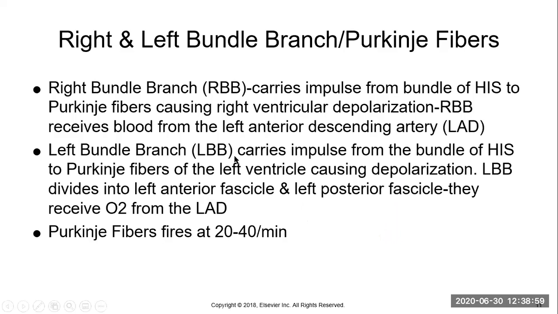The LBB carries impulses from the bundle of His to the Purkinje fibers of the left ventricle, causing depolarization. The LBB divides into the left anterior fascicle and the left posterior fascicle. They receive oxygen from the LAD, the left anterior descending artery.